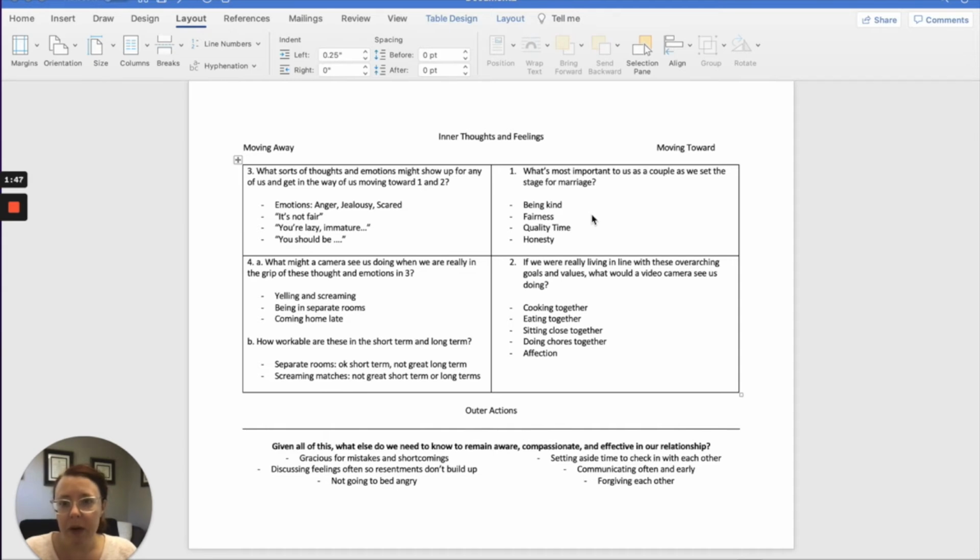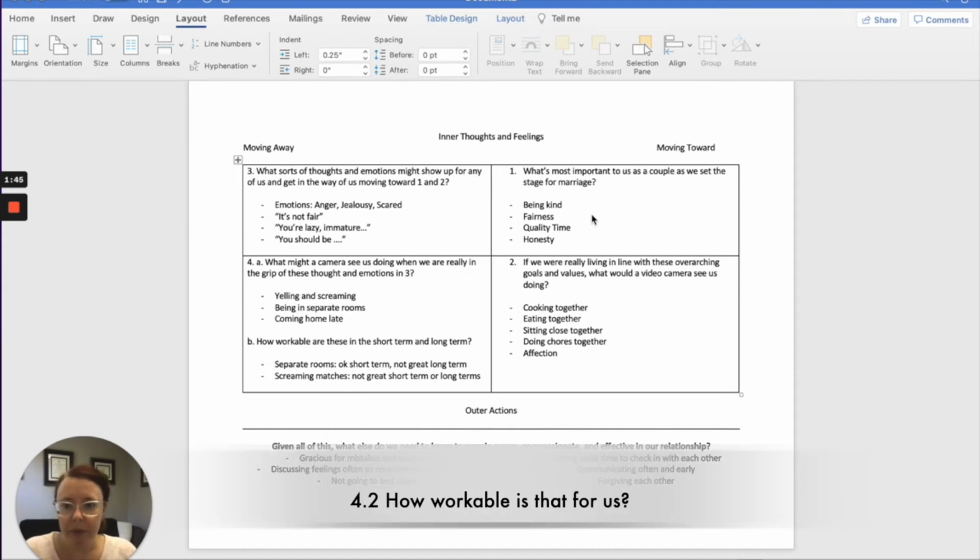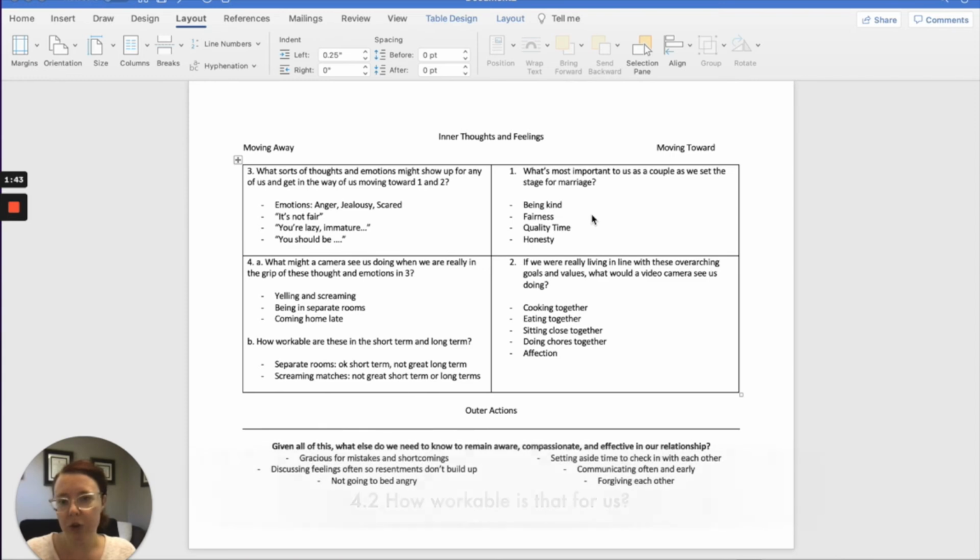And then the second part to question 4 is, how workable are those in the short term and in the long term? So for example, if we're in separate rooms, that might be something that's okay in the short term to help us both calm down. But long term, it's probably not great because then the distance just keeps growing between us. Screaming matches are probably not great in the short term or the long term.